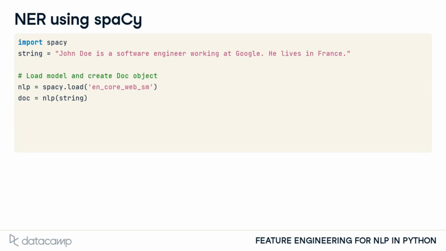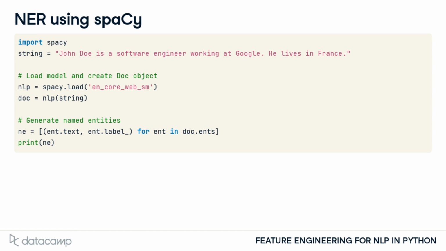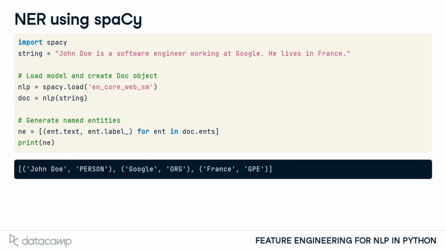Therefore, to access the named entity and its category, we use list comprehension to loop over doc.ents and create a tuple containing the entity name, which is accessed using ent.text, and entity category, which is accessed using ent.label_. Printing this list out will give us the following output. We see that spaCy has correctly identified and classified all the named entities in this string.